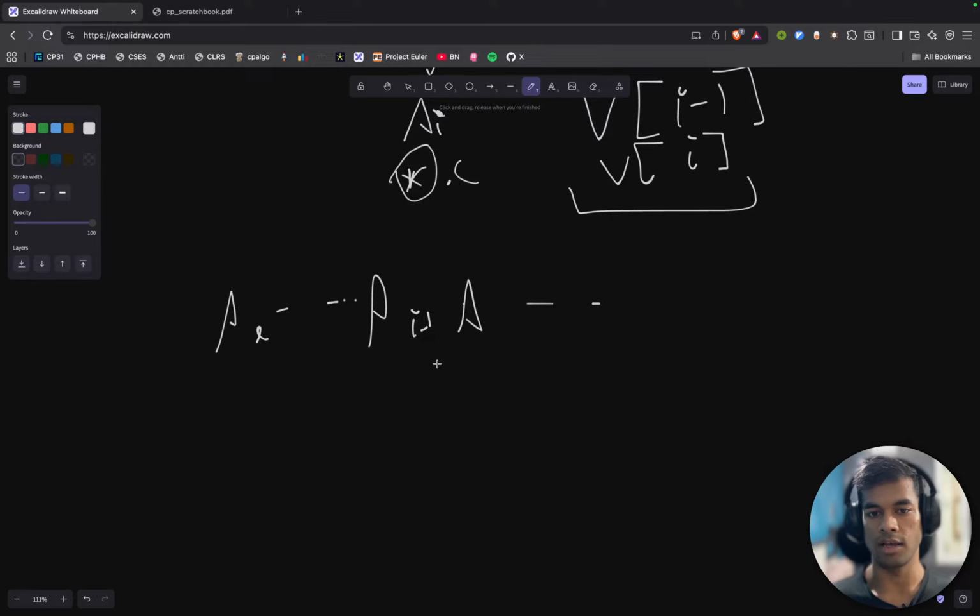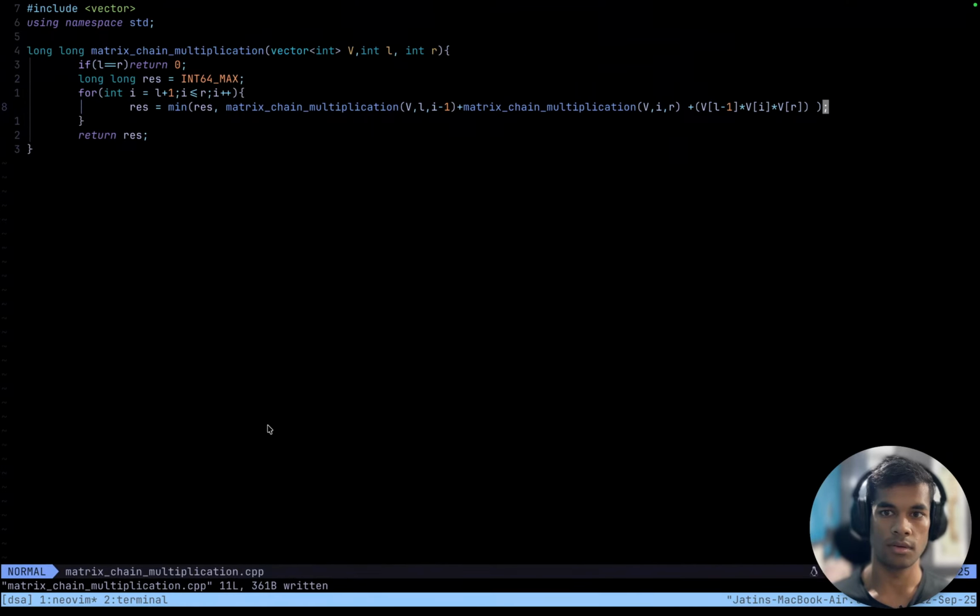Wait, this is I minus 1, and is this AI minus 1? From L till I minus 1, and then from I it is going to the right side.